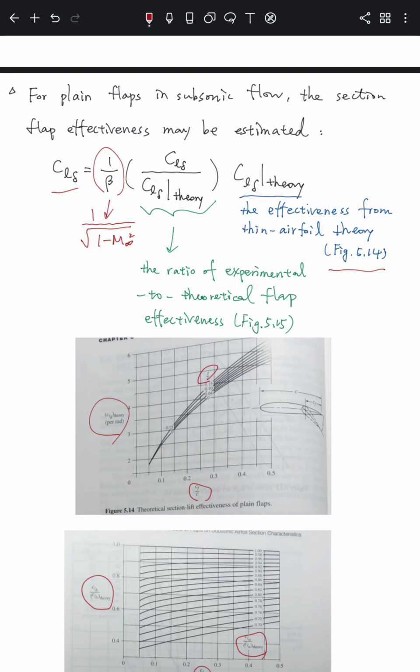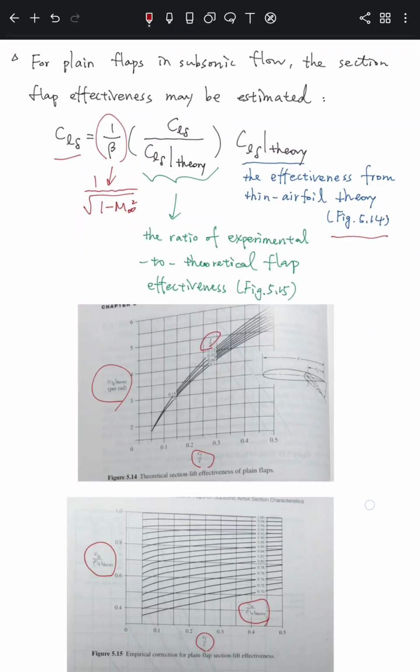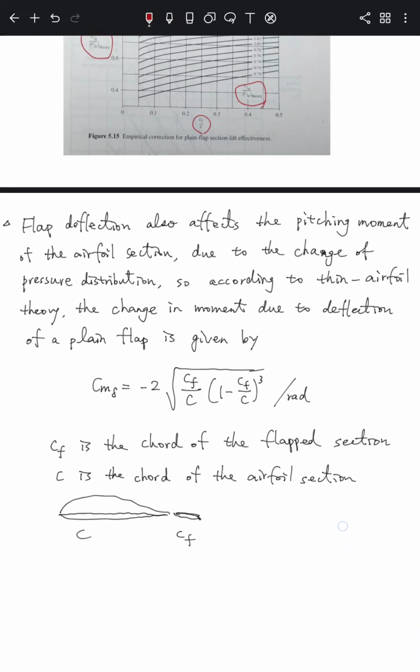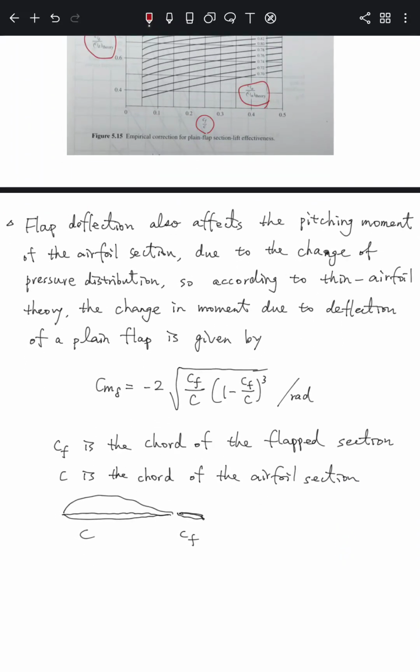If we have CF over C and T over C, then we can find the CL delta theory from this figure. Finally, we have the relationship between the flap deflection and the pitch moment, and this is a formula.